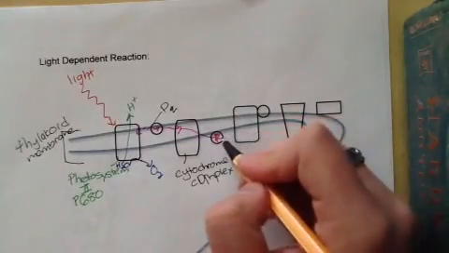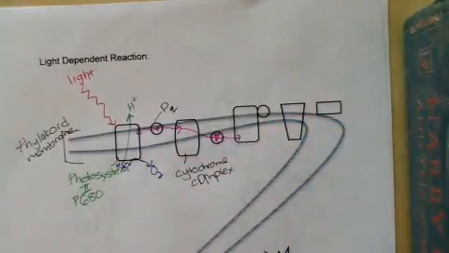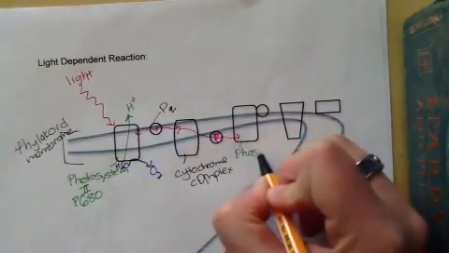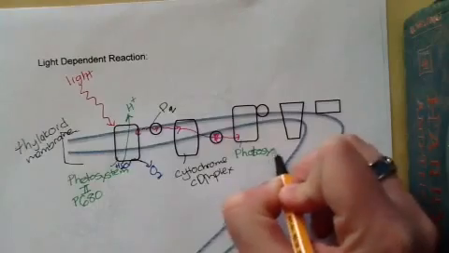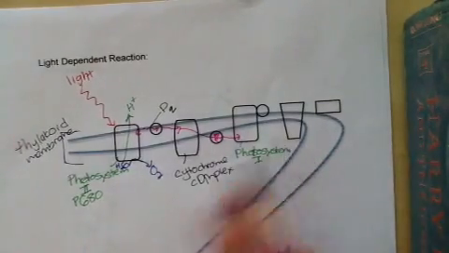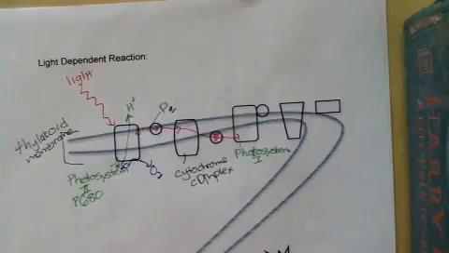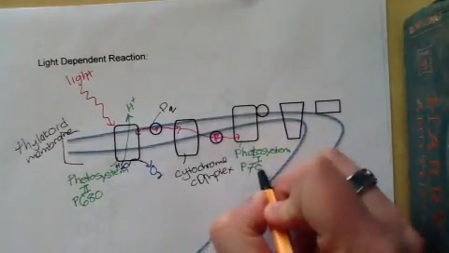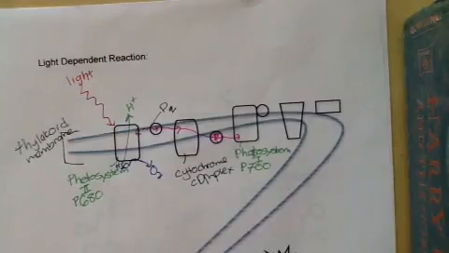Then my electron gets passed over to what is now photosystem 1. Sorry, I always say that. The way I remember what order the photosystems go in is someone told me it's like 2, 1, and then blast off, because we're going to make some ATP and some other things. Okay, and this one's known as P700 because it absorbs light at that wavelength of 700.